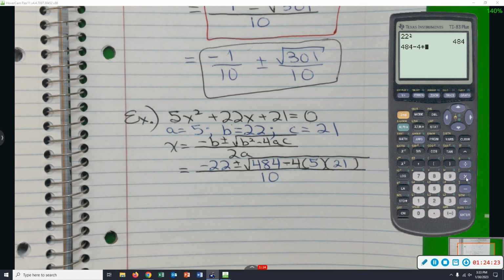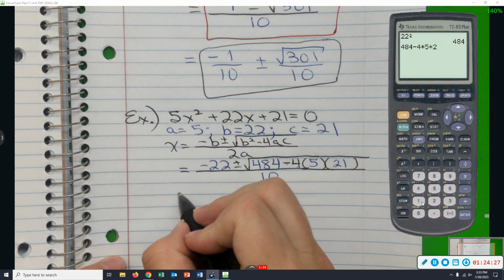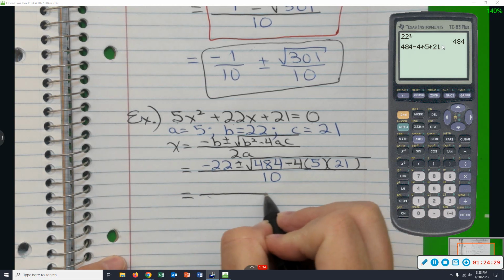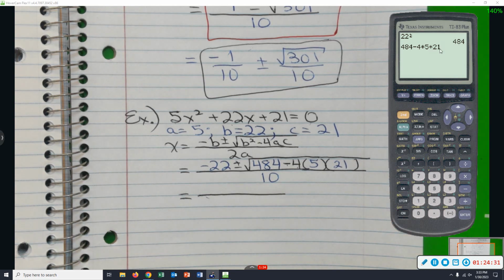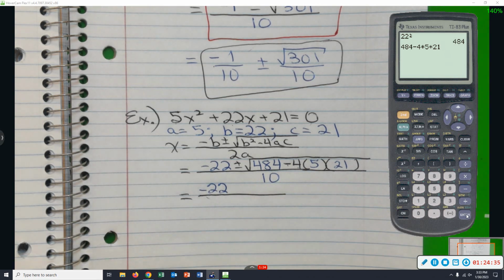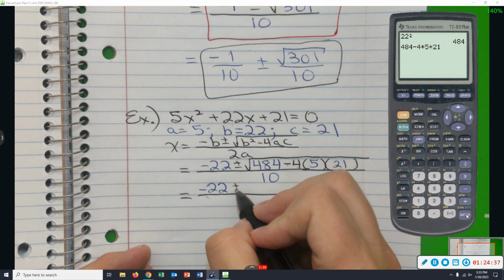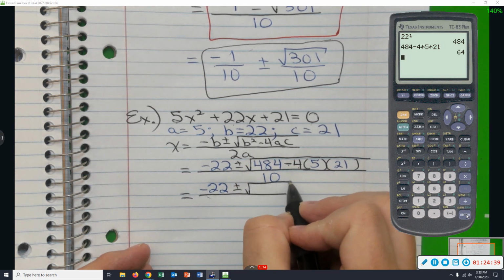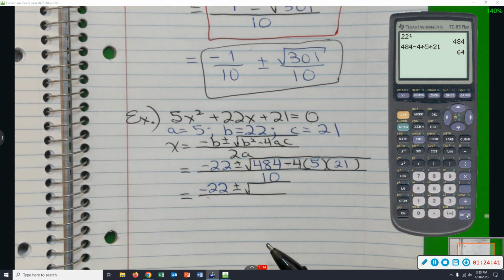and instead of using the parentheses for multiplication, I'm just using the times button. And let's see what we get underneath here. Square root of 64.